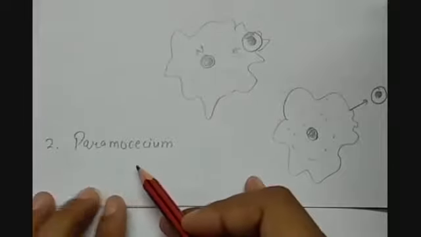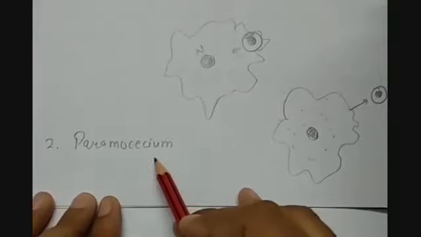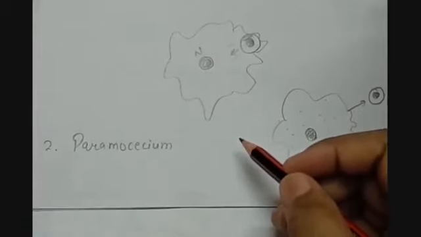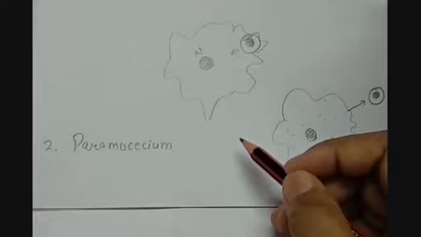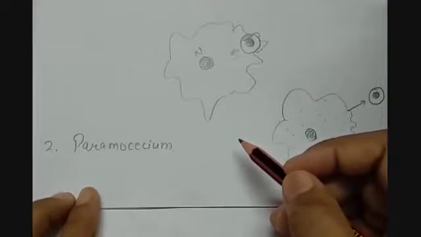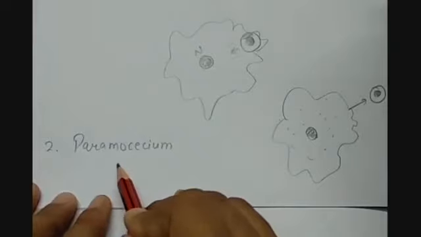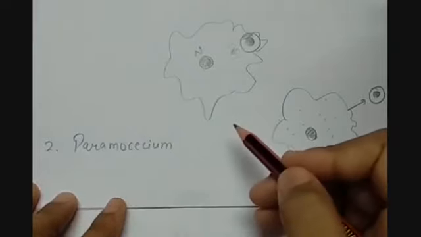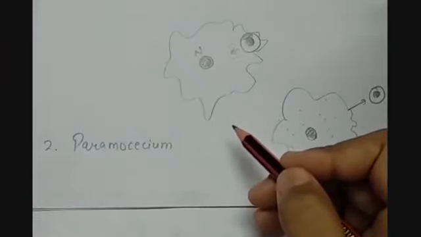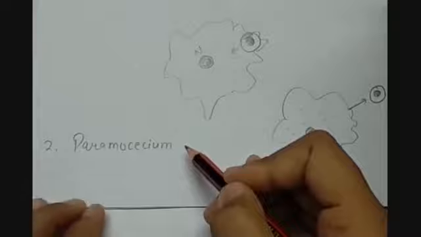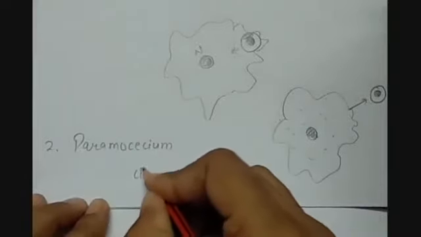The other organism is called paramecium. The amoeba did not have a definite shape, and it extends its cell wall towards the food. But paramecium is also a unicellular organism. It has a definite shape and it has a particular spot to take in the food. Then the food is moved to this spot by the movement of cilia.